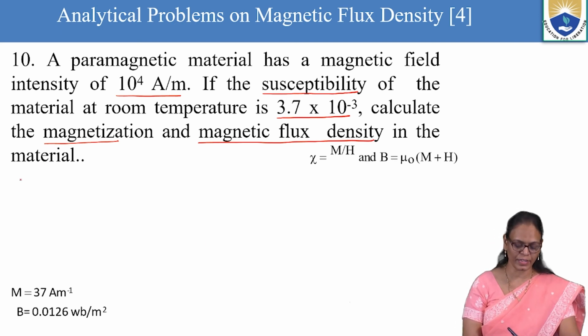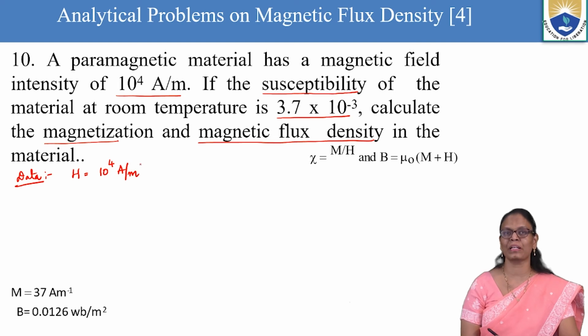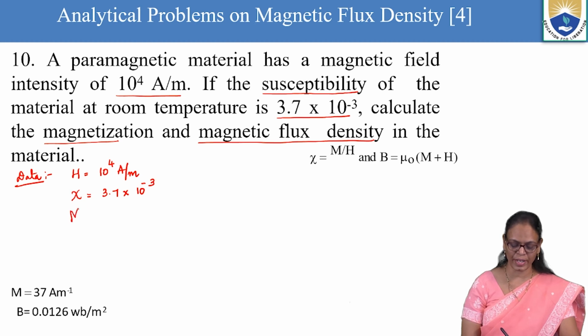So let us write the data first. We are given the magnetic field intensity H, 10 power 4 ampere per meter, and the susceptibility 3.7 into 10 power minus 3. We have to calculate M, and we also have to calculate B.